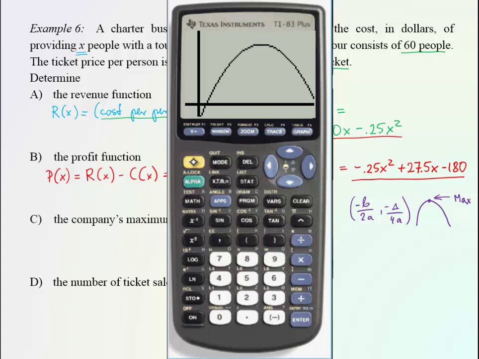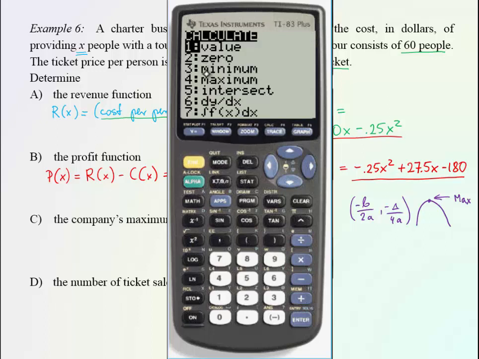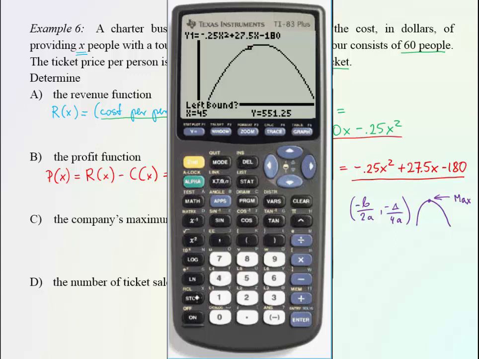So now we can use the calc function, second calc, and we are going to calculate maximum, so push number 4. Now the calculator asks about the left bound, that means before the maximum, and our flashing point is exactly before, so that's okay. If it's not close enough, we can always scroll by using arrows. For example, closer. Enter it.